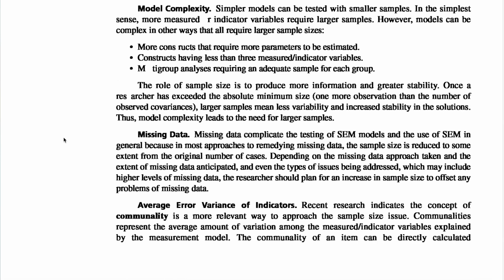The role of the sample size is to produce more information and greater stability. Once a researcher has exceeded the absolute minimum size, one more observation than the number of observed covariances, a larger sample means less variability and increased stability in the solution. Thus model complexity leads to the need for larger samples.